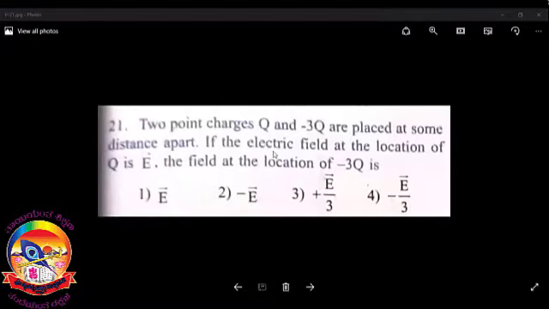If the electric field at the location of Q is E, the field at the location of minus 3Q is what? At the location of minus 3Q, electric field is what? This is the question.